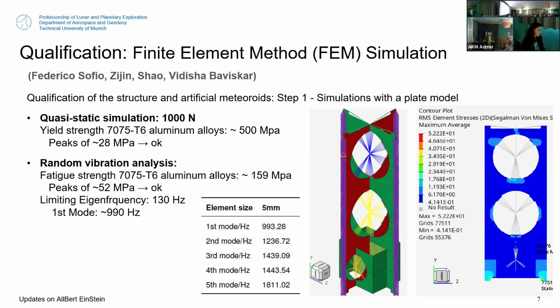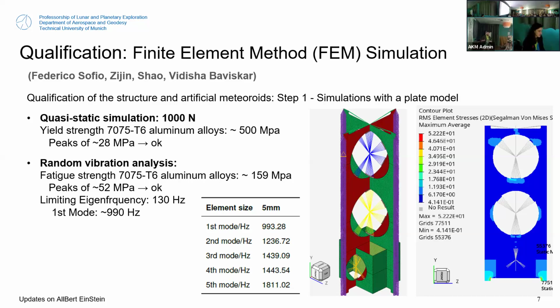But anyway, if we take those peaks, which are in the end 28 megapascal or 52 megapascal, and compare them to the fatigue strength and yield strength of the aluminum, we see that those strengths are way higher. So even taking a safety factor of 1.25 or something into account, we are far from breaking the aluminum. So we are fine.